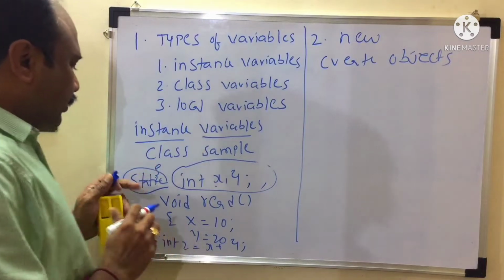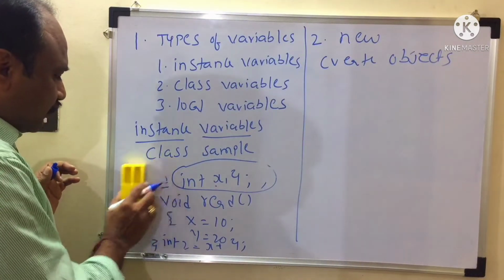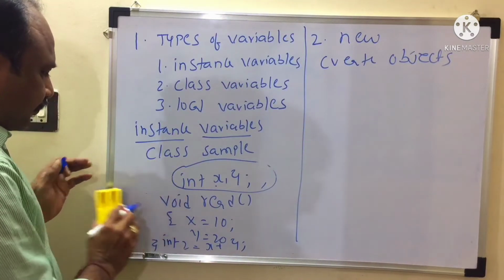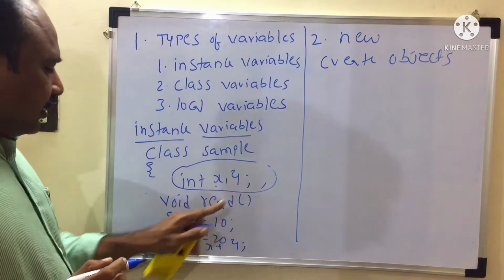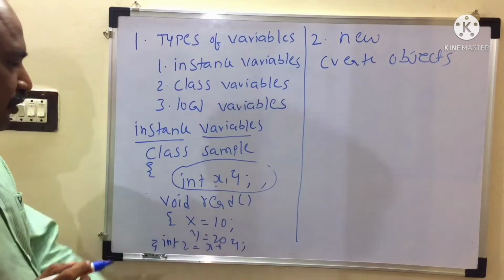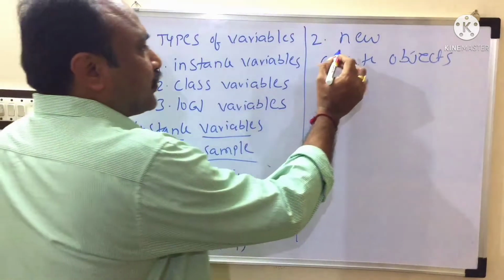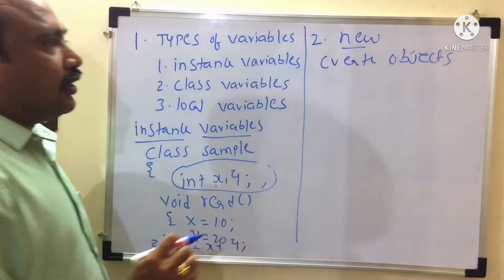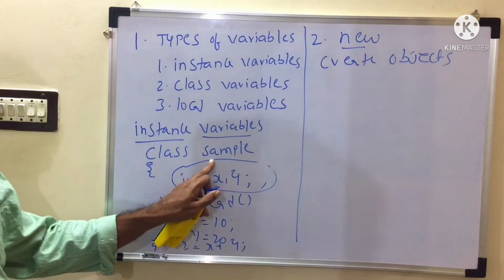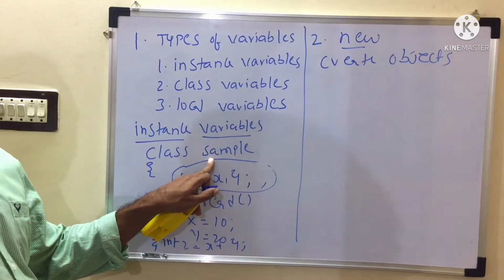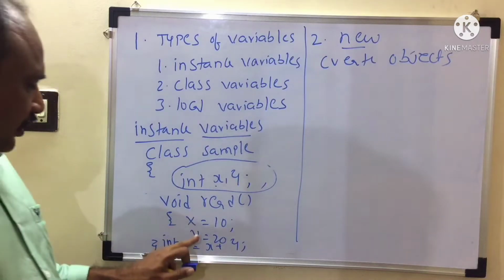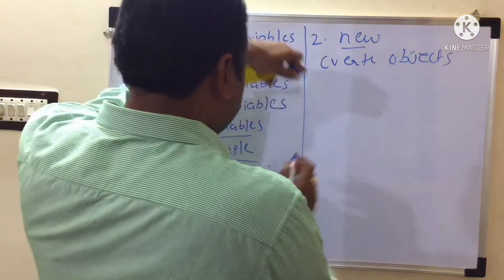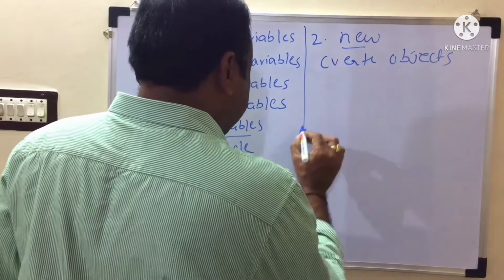Suppose I declare variables like this: class sample with int x, y, void read, x equal 10, y equal 20, z equal to x plus y. To access the sample class data, we have to create an object. How to create an object? What is the class name?